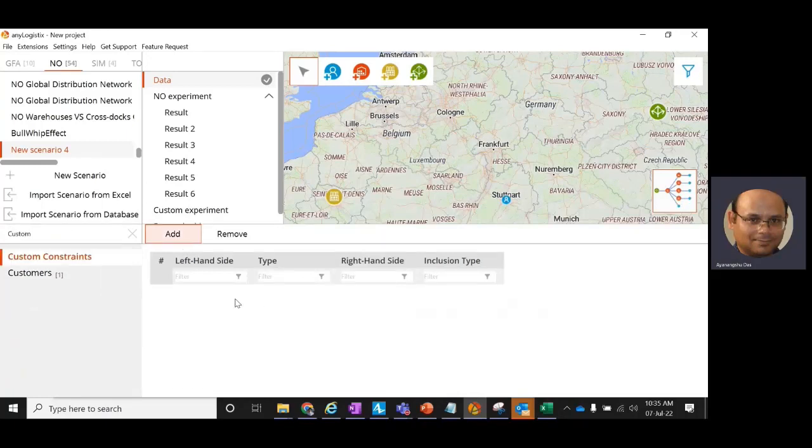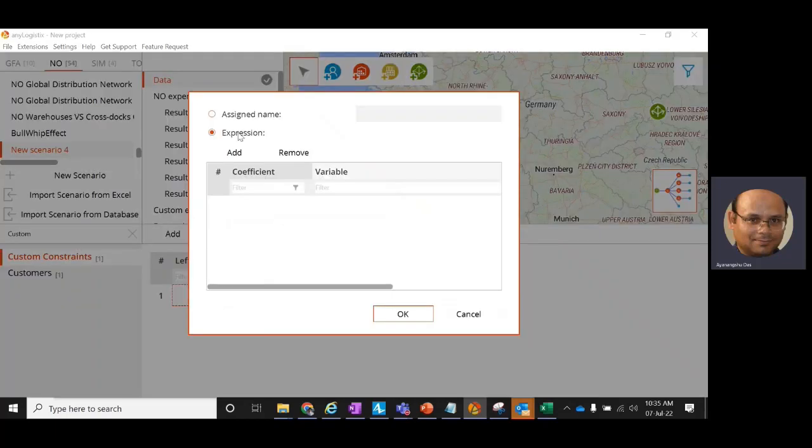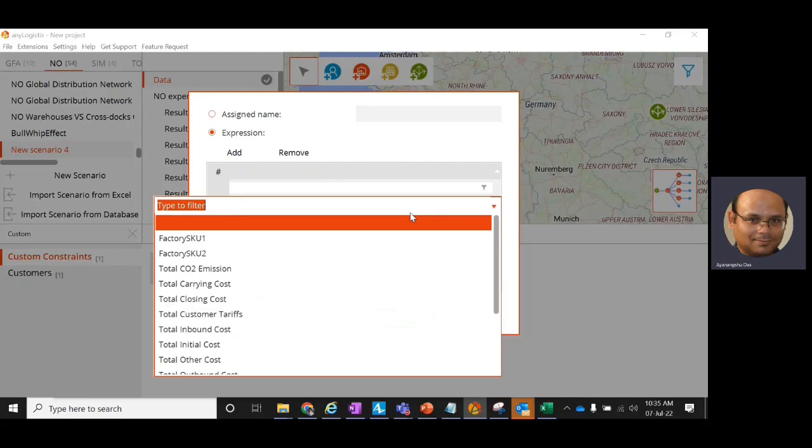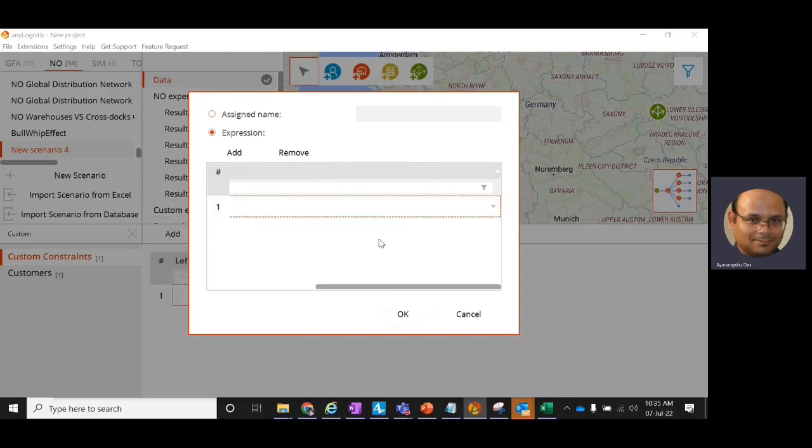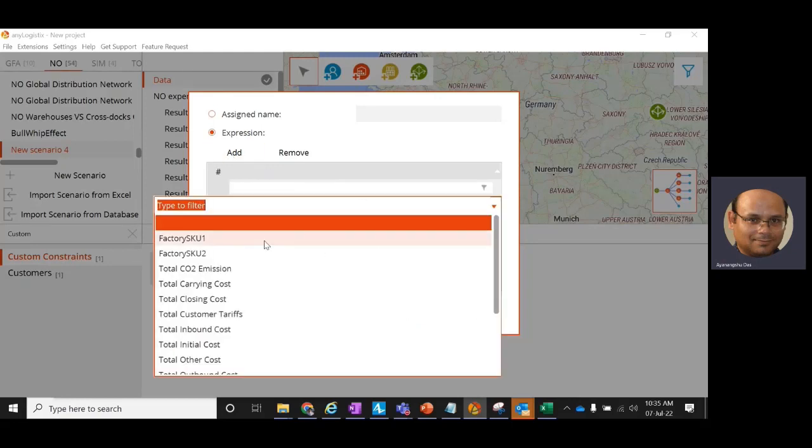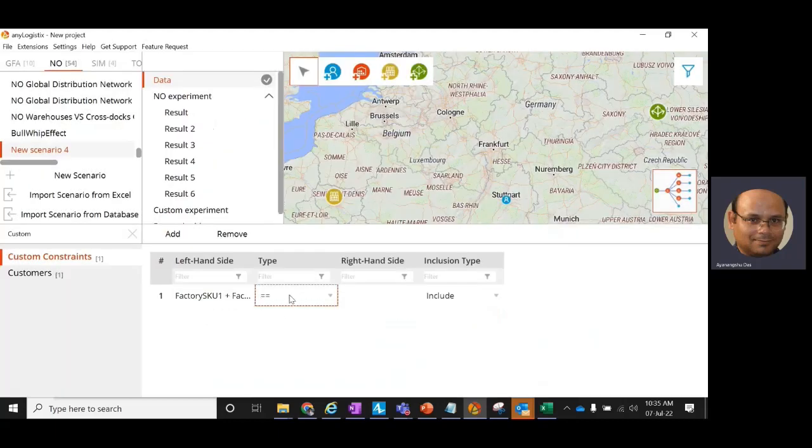What we will do over here is add an expression saying factory SKU1 plus factory SKU2, and it should be less than or equal to 200.